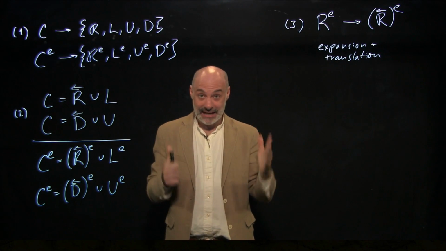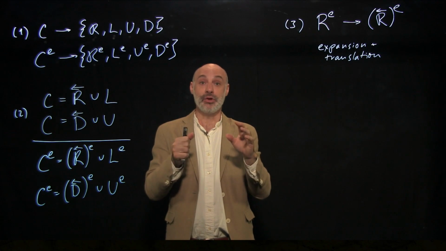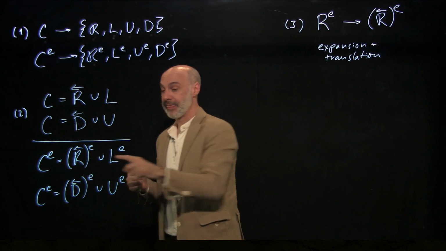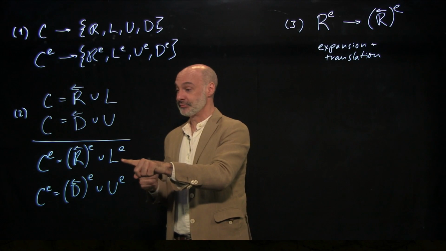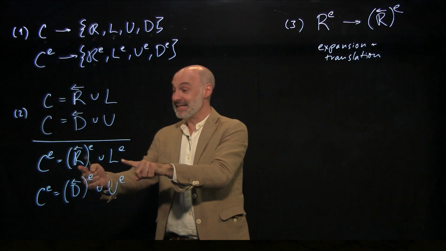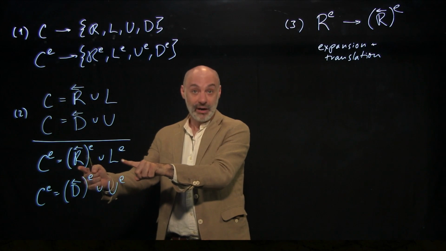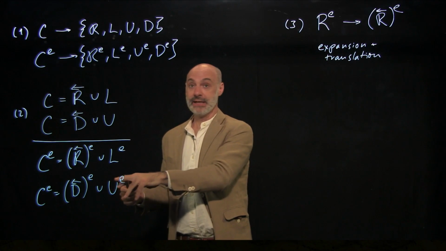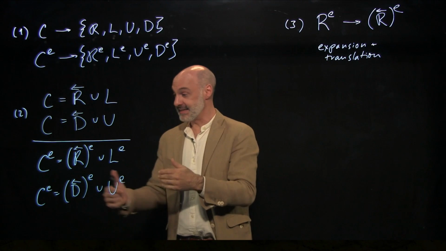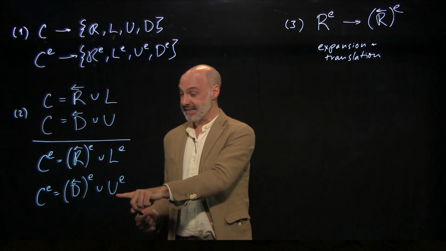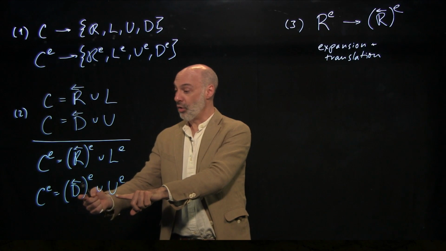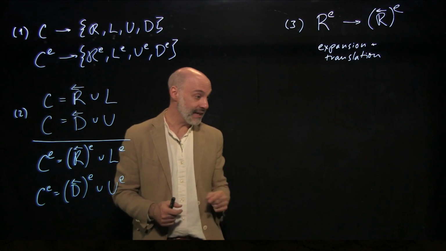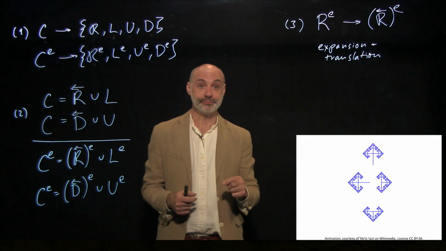It is thanks to that fact that we can say that you can get one copy of CE by putting together LE with an expanded and translated version of R. And because of an analogous statement involving D and U, we're entitled to say that you can get CE by bringing together UE with an expanded and translated version of D. So if we look at the animation, we'll see how that's supposed to work.